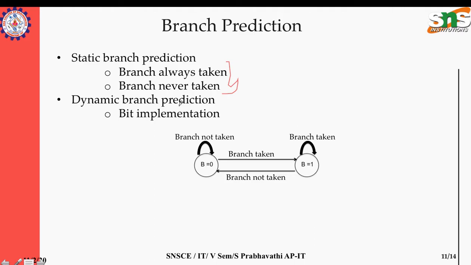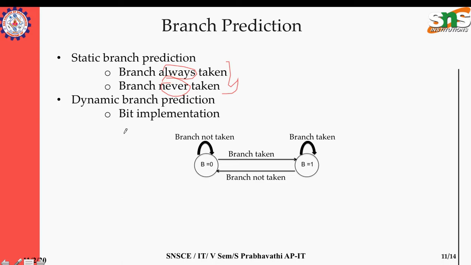One more way is dynamic prediction. Dynamic prediction means the prediction will change. It won't give the answer as always or never; always or never are said to be static. So we will predict that the branch will happen, but depending on what happens while executing, we change our prediction. That's the concept of dynamic branch prediction.